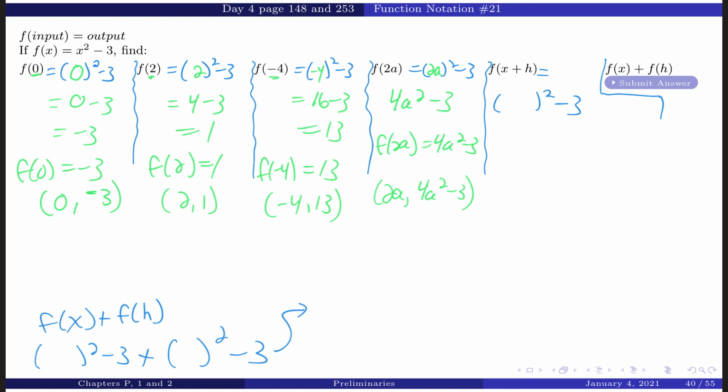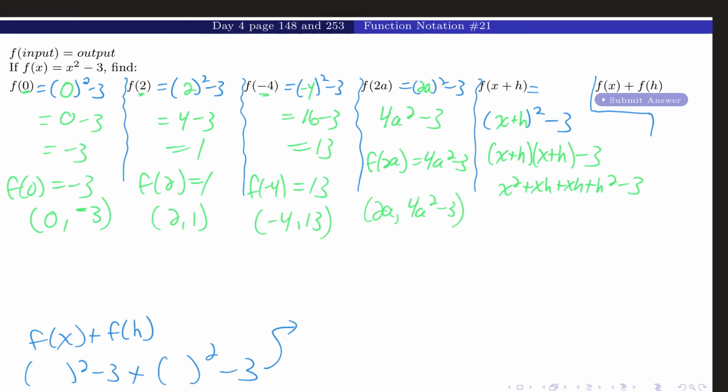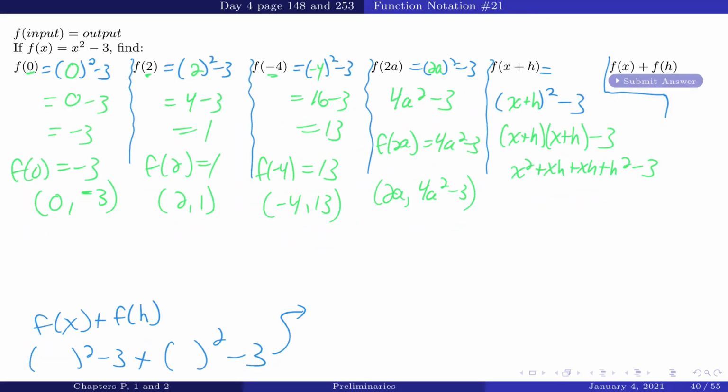If I take x plus h and plug it into the function, I have (x plus h) squared. Now you've got to be careful: (x plus h) squared needs to be written out the long way. And so now we need to do all 4 multiplications. x squared plus xh are the first 2, and then xh plus h squared are the second 2, minus 3, and we wind up with an answer of x squared plus 2xh plus h squared minus 3.